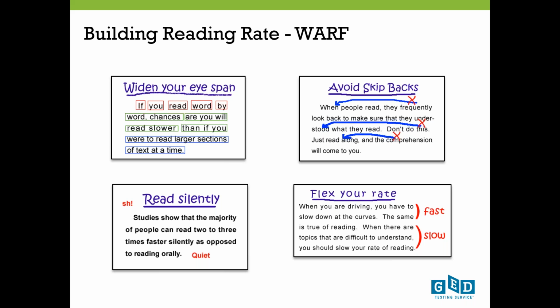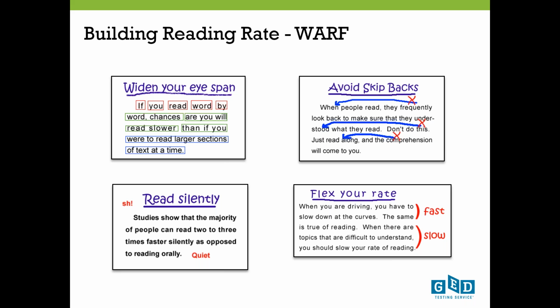One good way to avoid the skip backs is to have students take a plain piece of paper, place it at the top of the passage, and then as they're reading through, slowly pull that paper down over the text they've already read. That prevents them from skipping back.